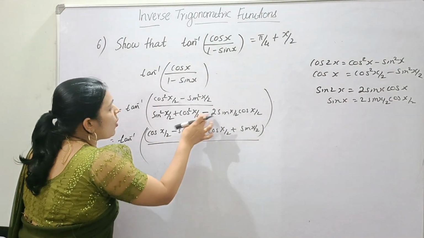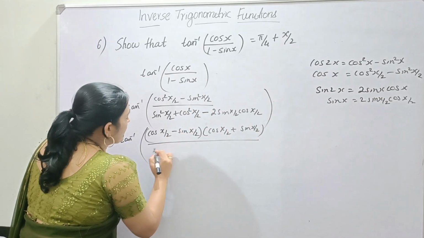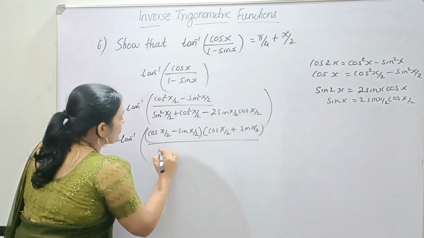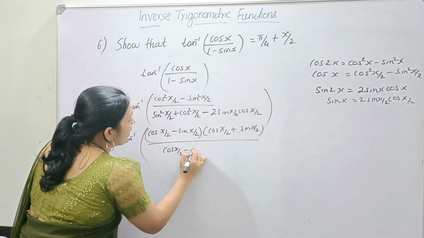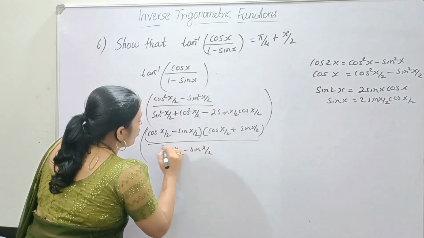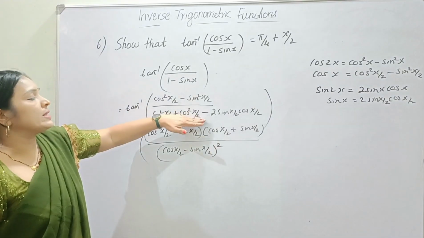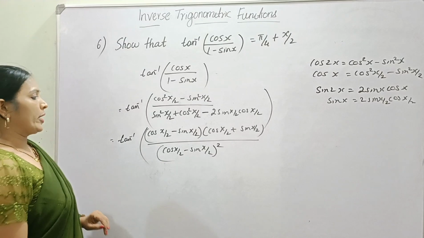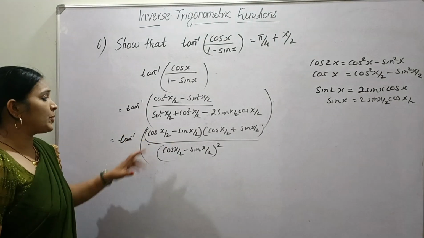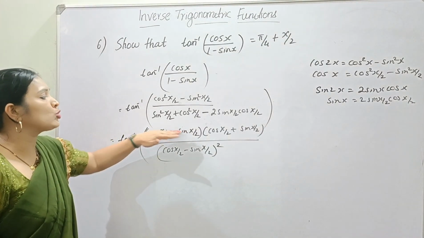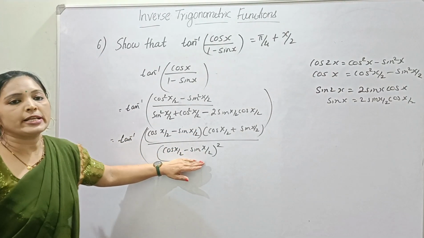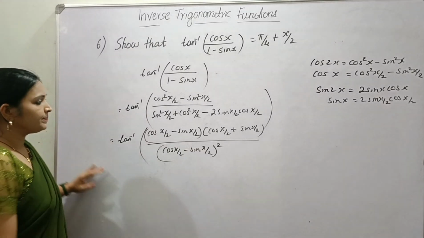So here let us take cos x by 2 as a, because we have in the numerator cos x by 2 minus sin x by 2. So it is cos x by 2 minus sin x by 2 whole square, right? And look at this expression: numerator cos x by 2 minus sin x by 2 and denominator cos x by 2 minus sin x by 2 will be cancelled, right?